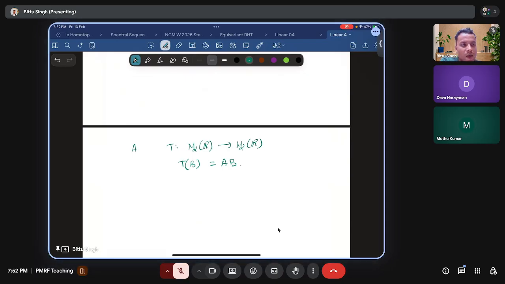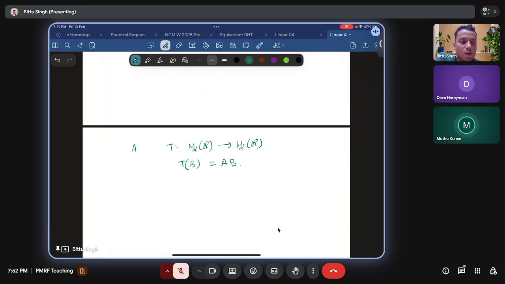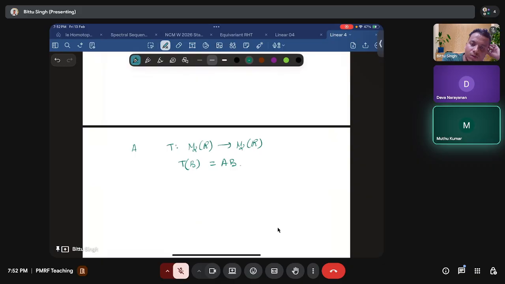By rank of T, they mean only the dimension of the range space. So it is not the rank of the matrix. The rank of the transformation T is the dimension of the range. That range space is 4.